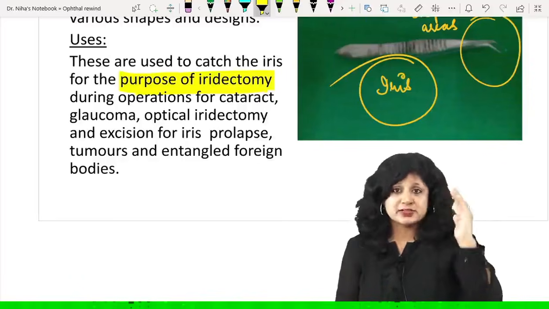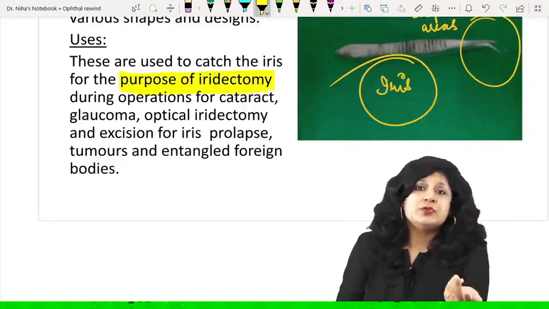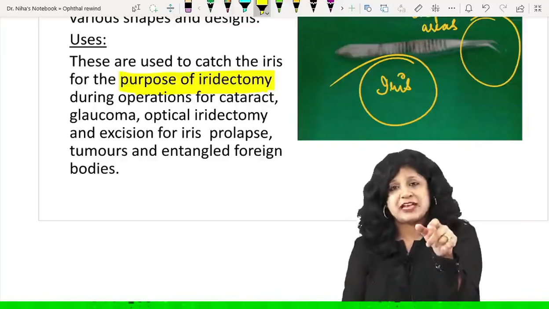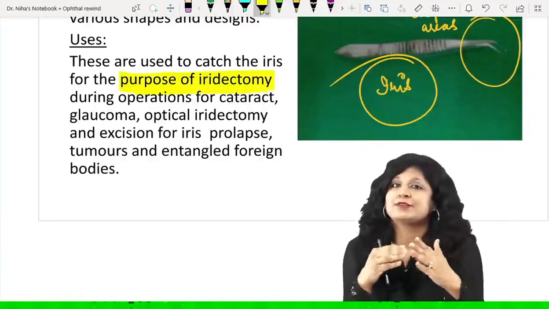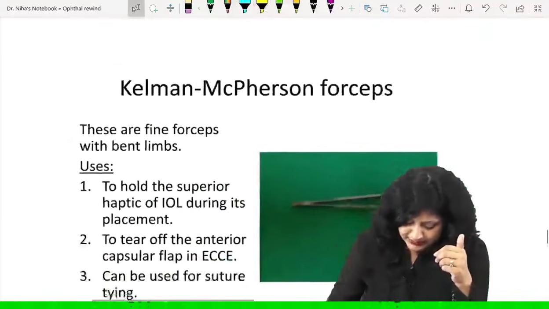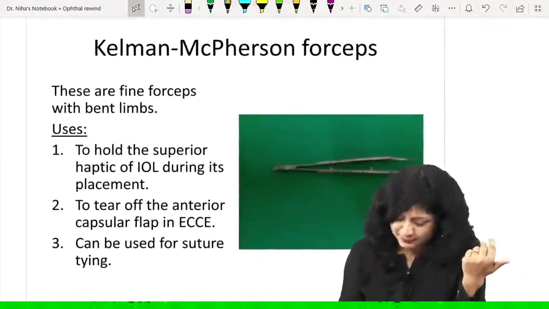Repositor is for repositing, but for cutting the prolapsed tissue you require the iris forceps, or sometimes there is some entangled foreign body over the iris and you want to remove it, then also you can use it. So basically it is for the iris manipulation.